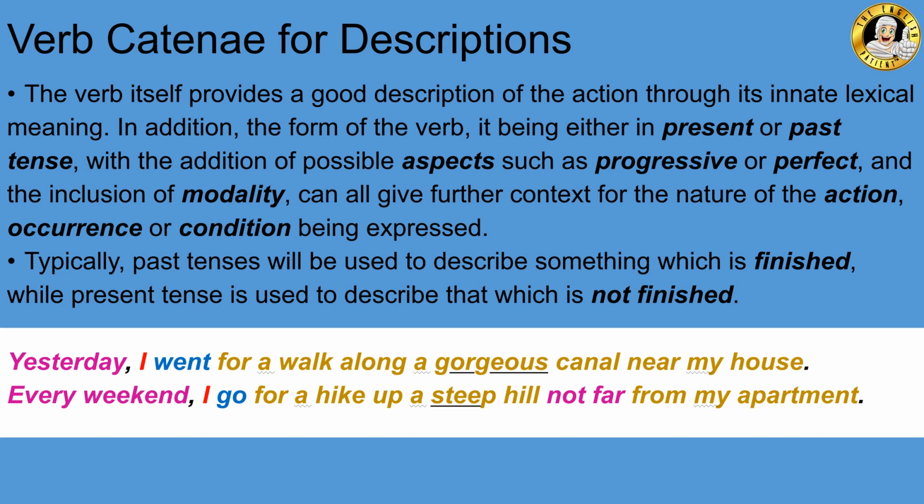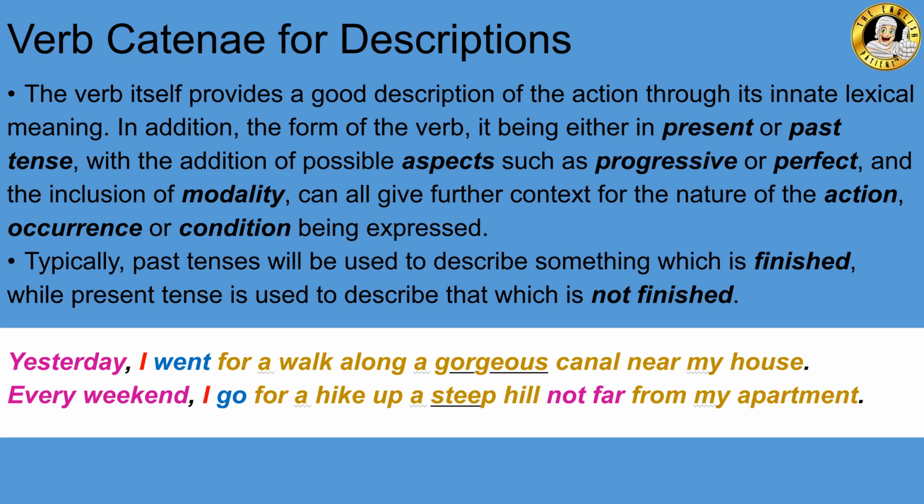Let's look at a couple of examples here. Yesterday, and it's an adverbial at the beginning, so follow it with a comma, I went for a walk along a gorgeous canal near my house. Every weekend, comma, I go for a hike up a steep hill not far from my apartment.